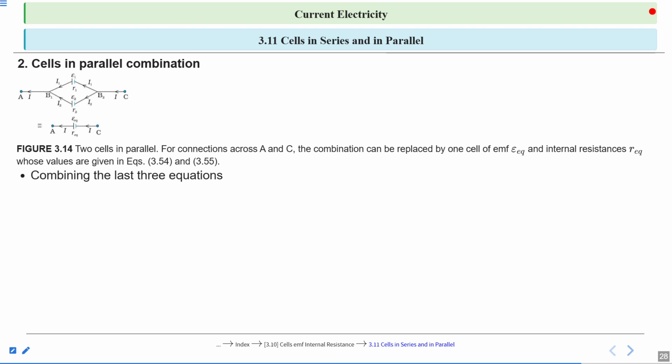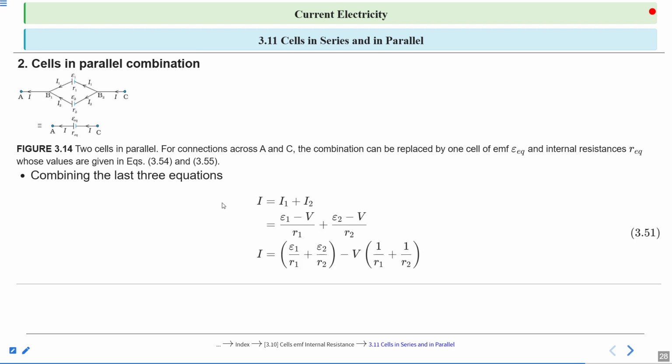Combining the last three equations, we come to the result that I equals I1 plus I2. According to the last equations, V equals VB1 minus VB2 for the first cell and V equals VB1 minus VB2 for the second cell, which is equal to, for the first cell, epsilon 1 minus I1 R1, and for the second cell, V equal to epsilon 2 minus I2 R2.